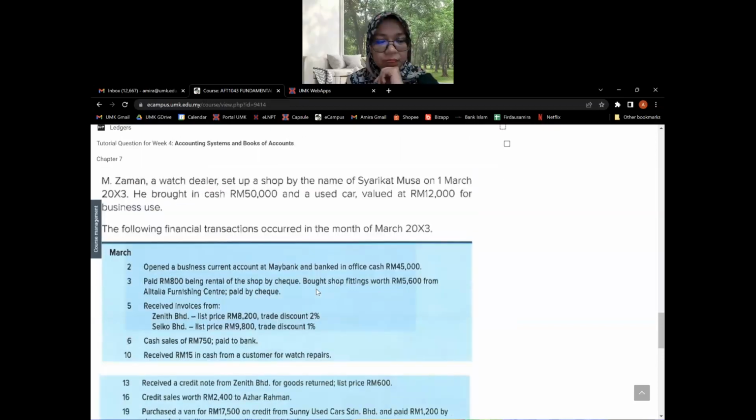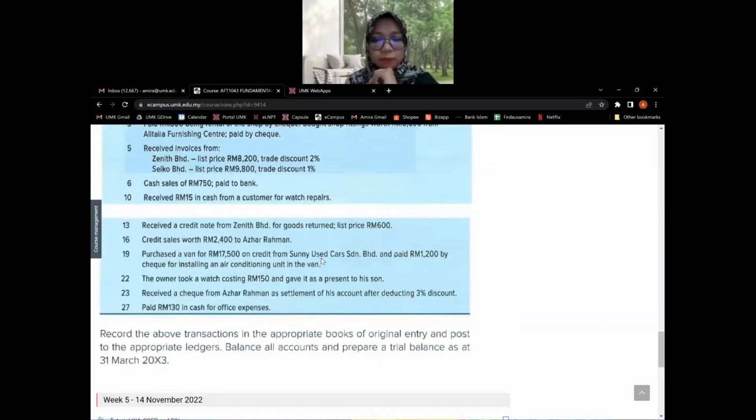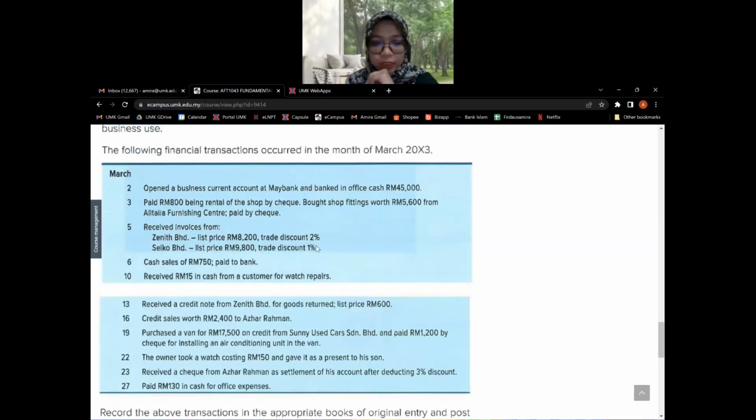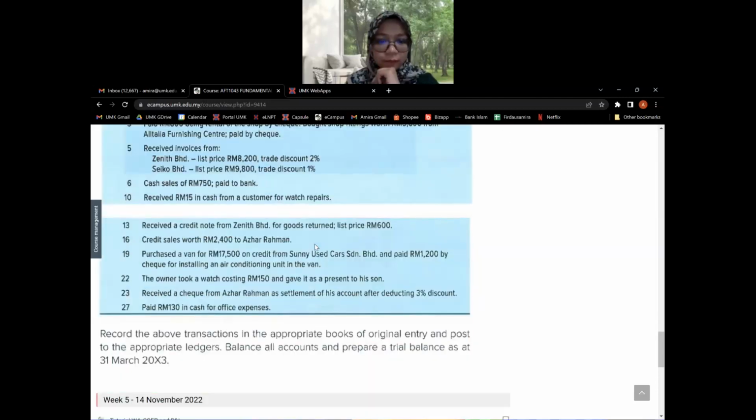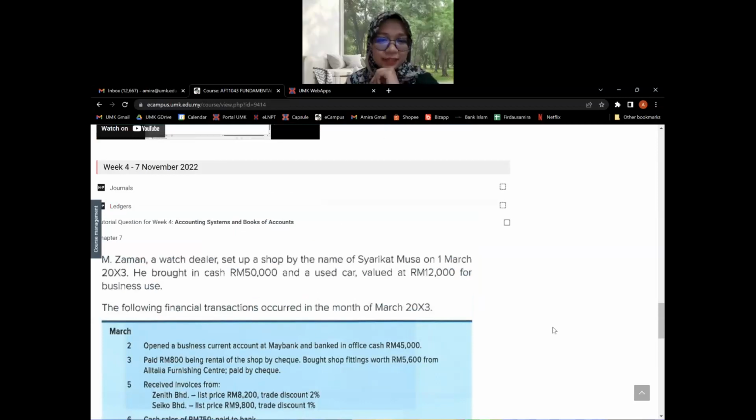But this is just your exercise, no need to submit to me. In this exercise, you can do journal, ledger, and then post it in trial balance to see whether it's balanced or not. Just do it by ourselves, no need to submit.